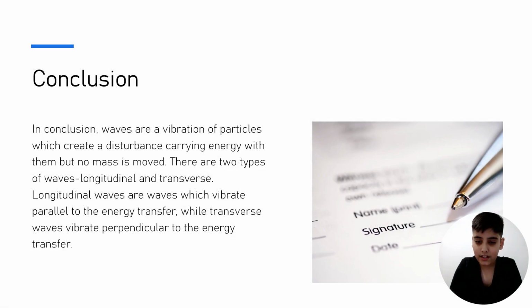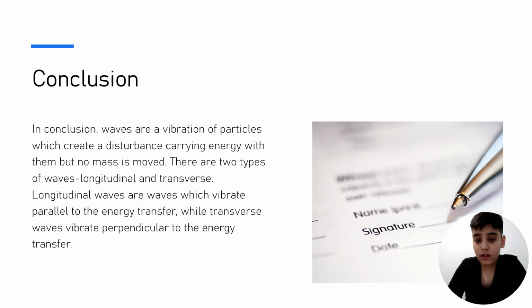So that was all about waves. So let's get to the conclusion. In conclusion, of all that we've discussed, there are two key things that you need to remember. First is that a wave is a vibration of particles which creates a disturbance carrying energy, but no mass is moved.